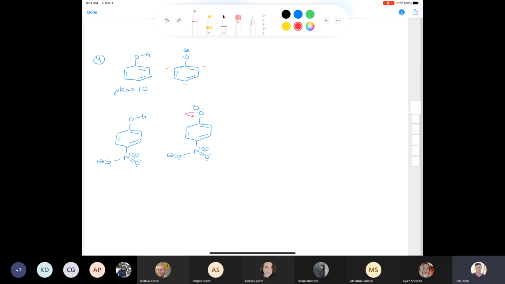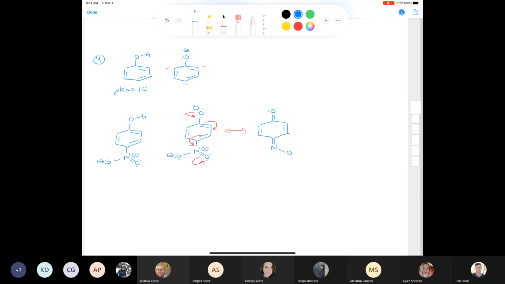Right? It has a resonance structure where we can draw and show the negative charge being delocalized down on an oxygen in the nitro, okay? And that is what's going to contribute to its greater acidity, right? What's an acid? Something that donates a proton.